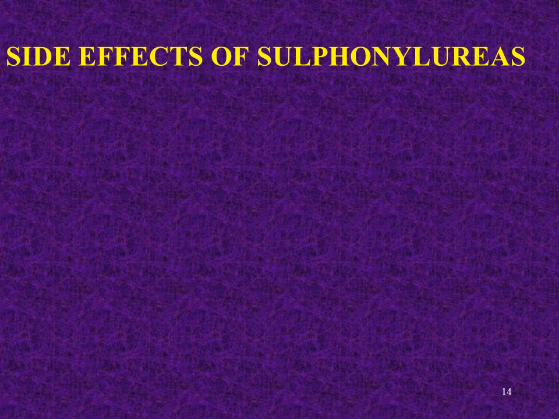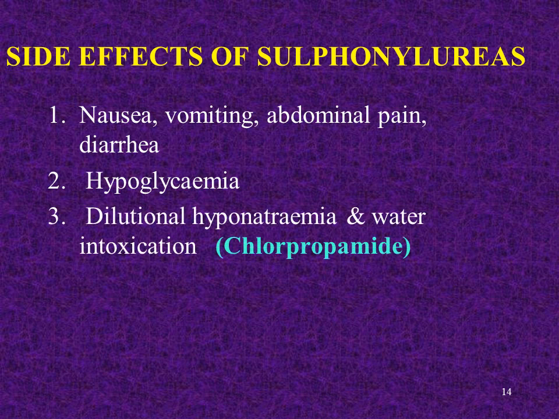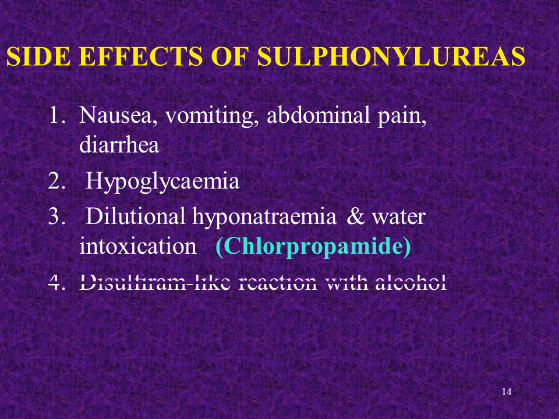Regarding the side effects of sulfonylureas, we have nausea, vomiting, abdominal pain and diarrhea, and hypoglycemia, because they are causing the release of insulin and insulin leads to hypoglycemia. Similarly, dilutional hyponatremia and water intoxication are specifically seen with chlorpropamide, which is a long-acting sulfonylurea.